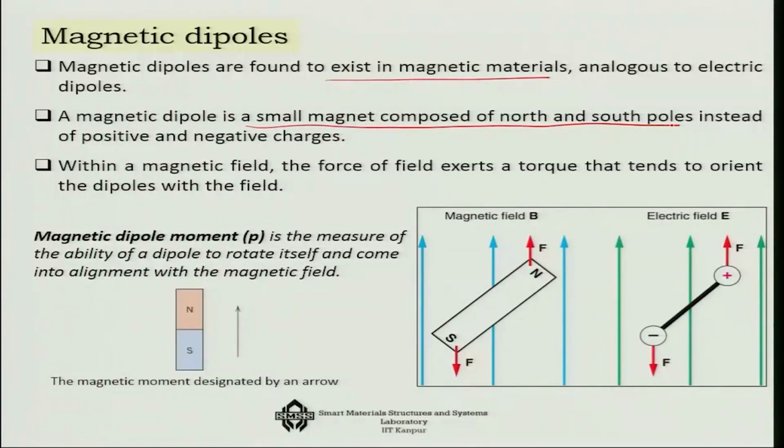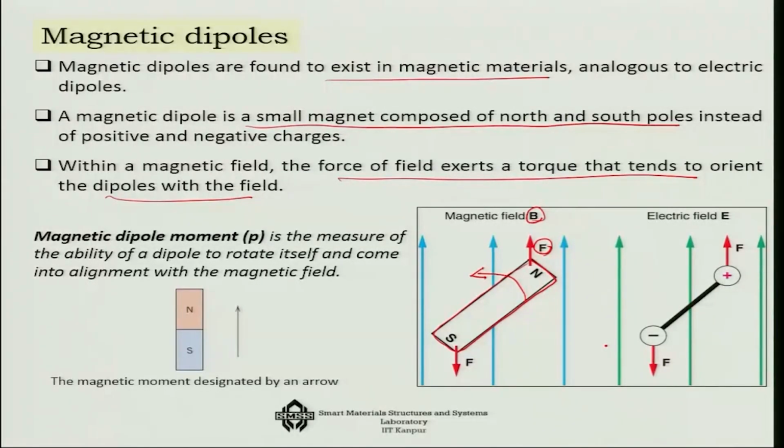Within a magnetic field, the field exerts a torque that tends to reorient these dipoles with the field. For example, this is a magnetic dipole, and then I am applying a magnetic field B here. This field will apply a force F, which will force the dipole to align itself towards the direction of the magnetic field.